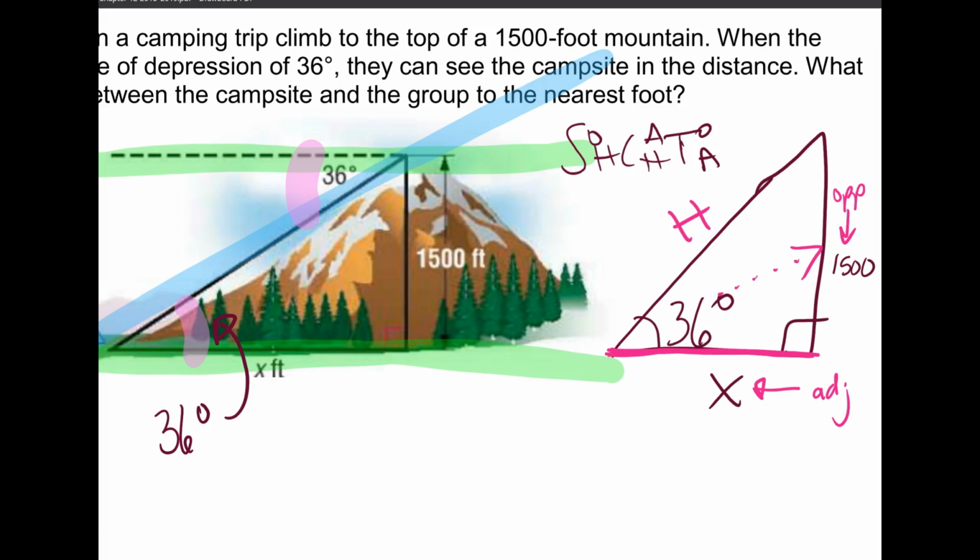Because it's the longest one, and the longest one is always the hypotenuse. How do you know the difference between the adjacent and the opposite? Whichever one is touching the angle versus whatever one is on the complete opposite side. Notice that this side length right here is not touching 36 degrees at all. It's the opposite side.